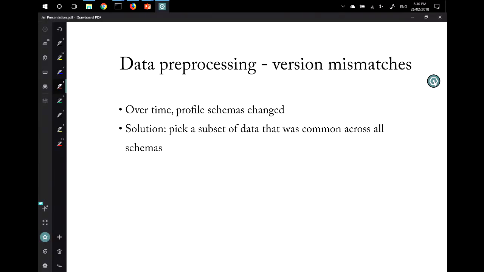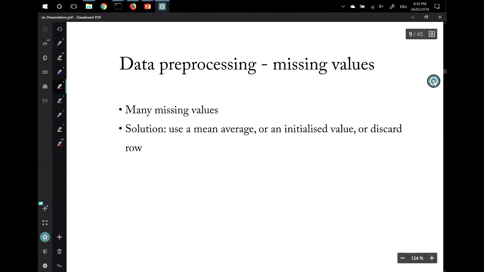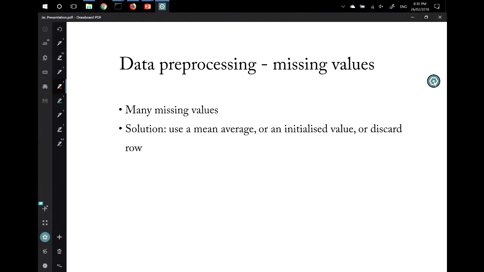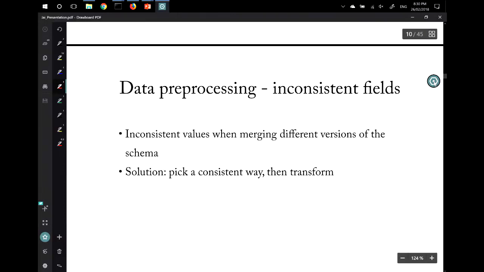I think they maybe used MySQL, then they moved on to MongoDB or whatever. So basically they need to reconcile the schemas. That's one thing. And there are a lot of missing values. They try different ways to deal with them. Again, you don't really need to be fancy, but you need to know that you need to deal with these kinds of things before you can have a satisfactory outcome.